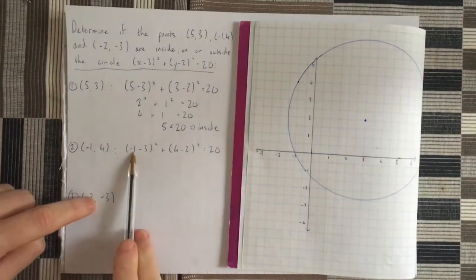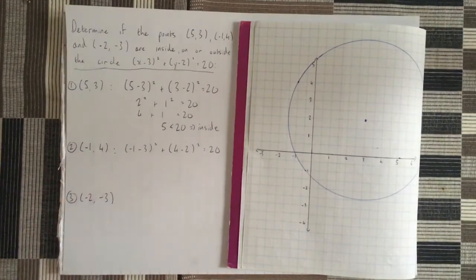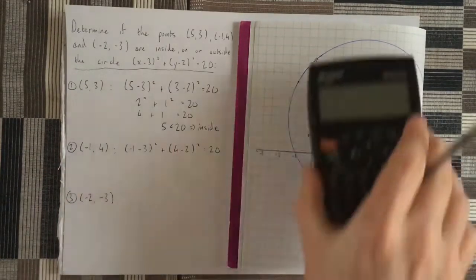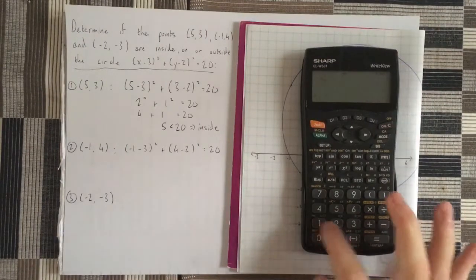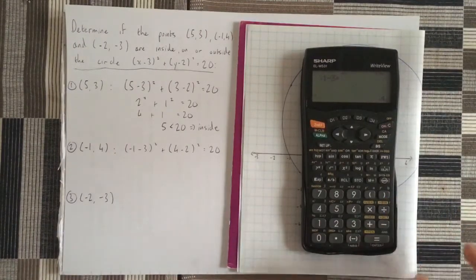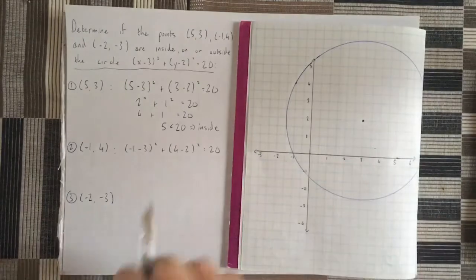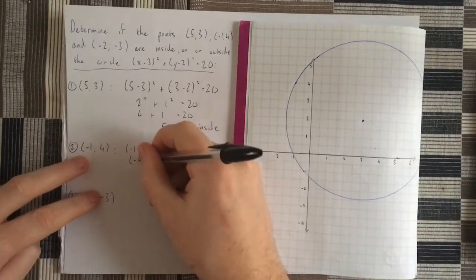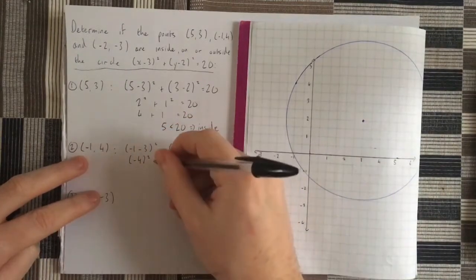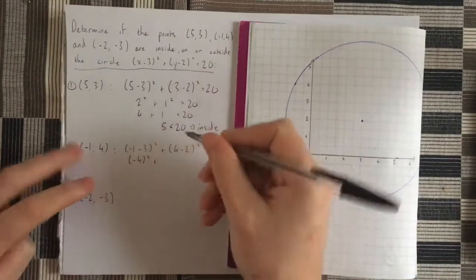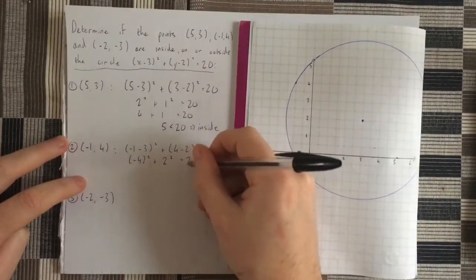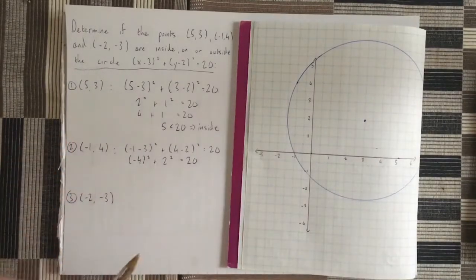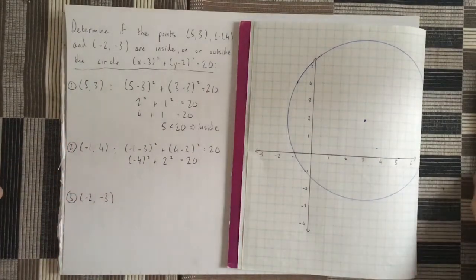So minus 1 minus 3, that's minus 4. If any sort of stuff with signs trips you up, then just do minus 1 minus 3 on the calculator, and that's minus 4. So that's minus 4 squared plus 4 minus 2 is 2, so 2 squared, is equal to 20.